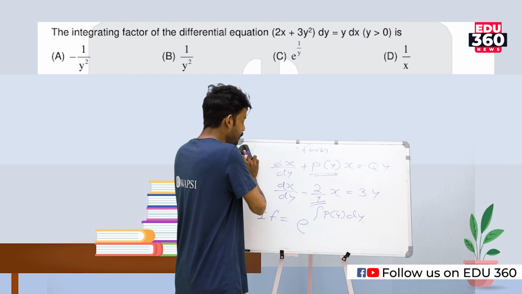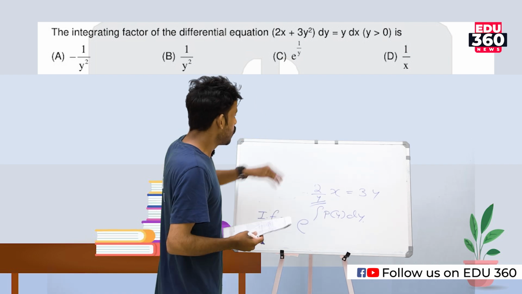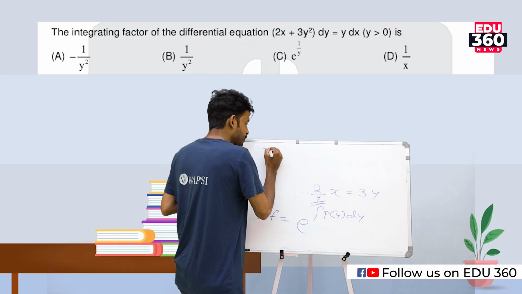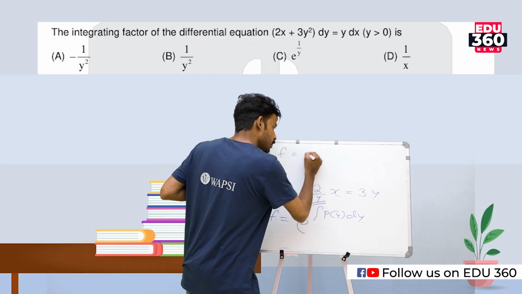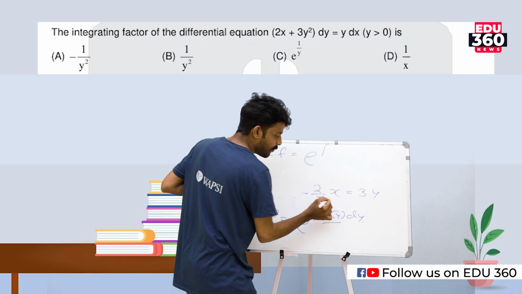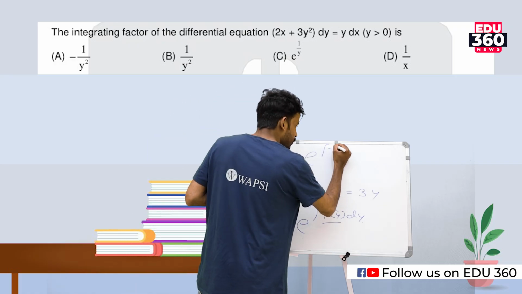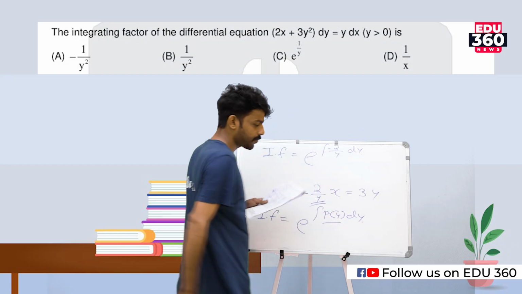So on the next step, the integrating factor is equal to e raised to the integral of -2/y dy.